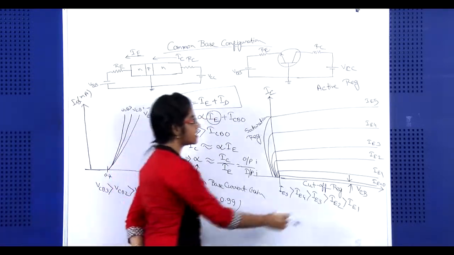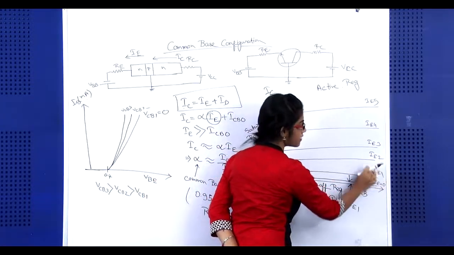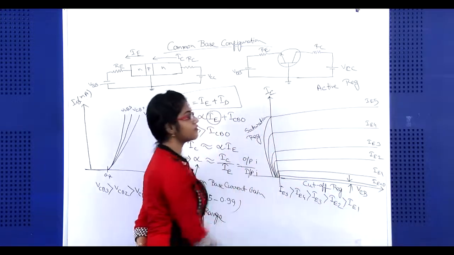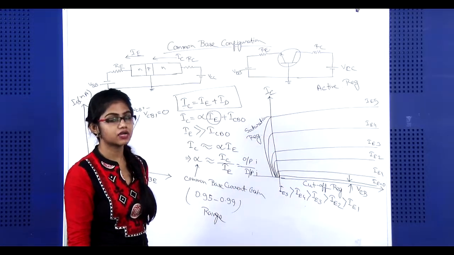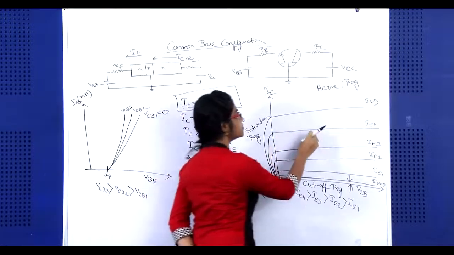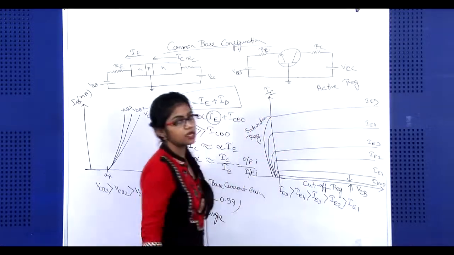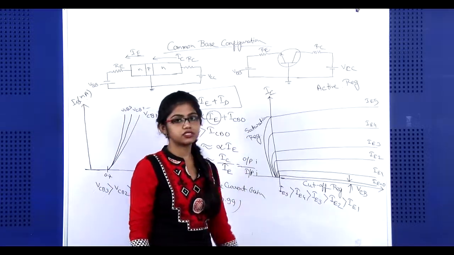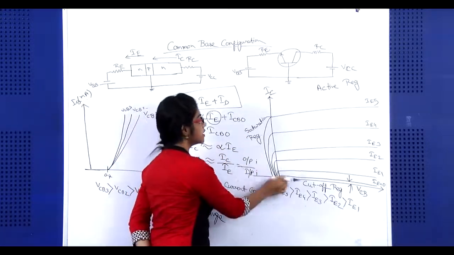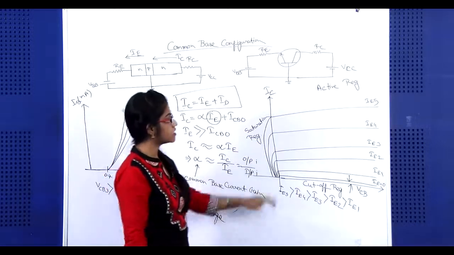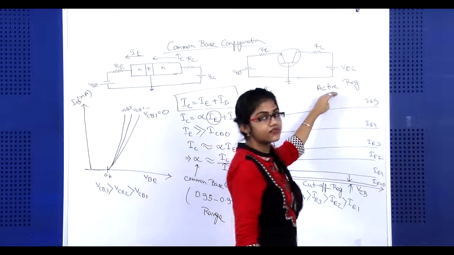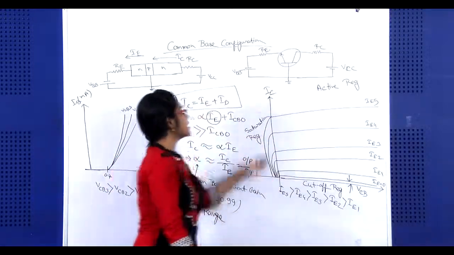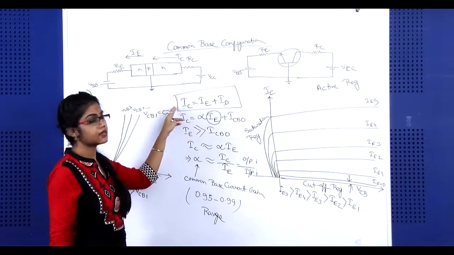So, if you get the value of IE, we can calculate the value of IC, that means the output current, and this region behaves like an active region. There are two other regions also, saturation region and cutoff region, and these two regions behave like a switch, and this region is the active region where we can calculate the amount of collector current or IC.